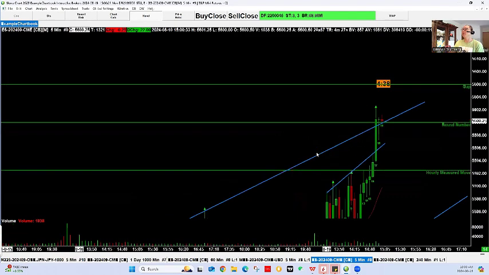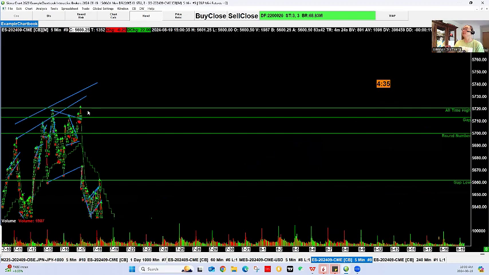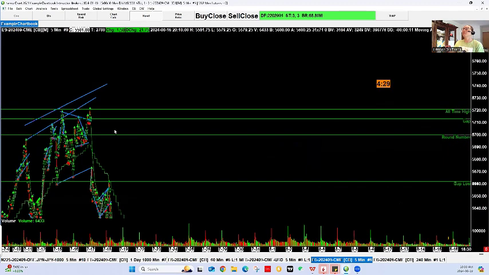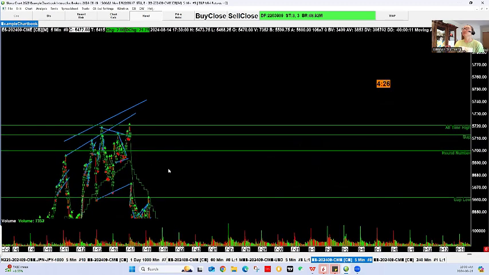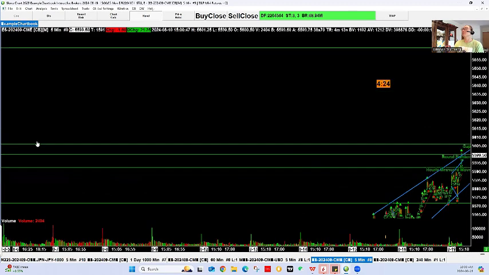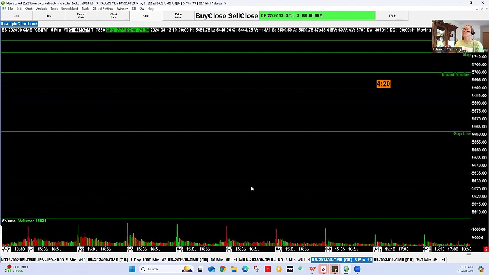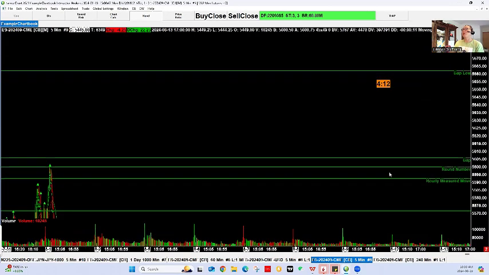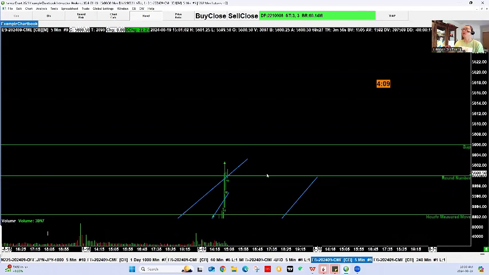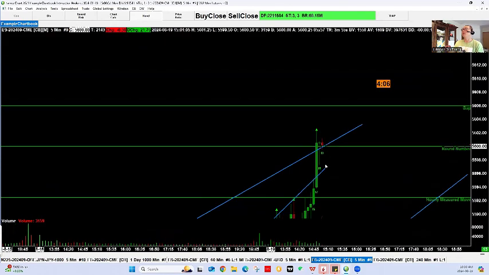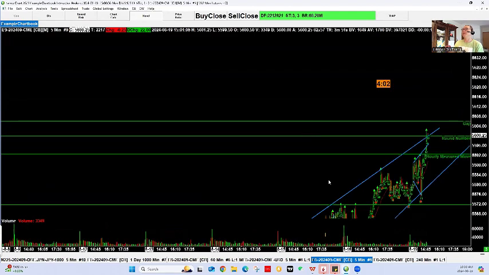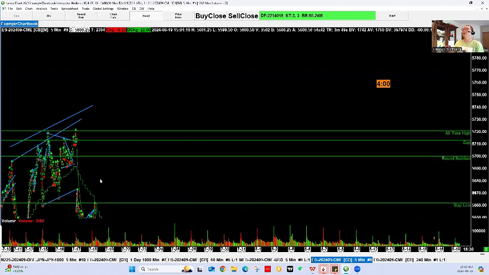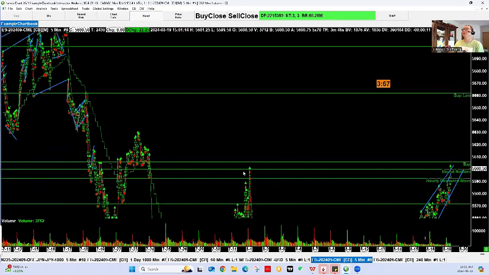The round number is resistance. It can reverse and evolve into a double top. A double top here.